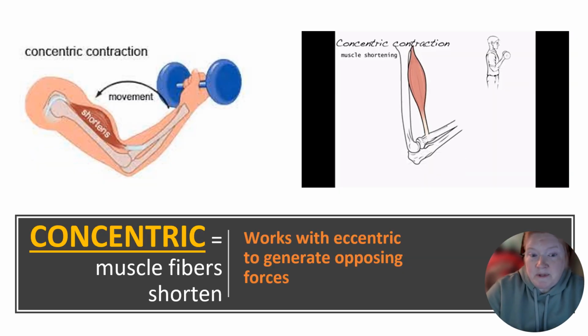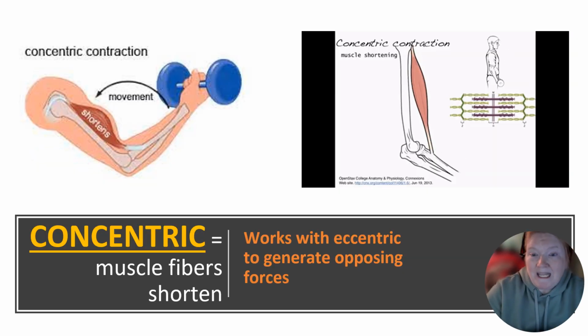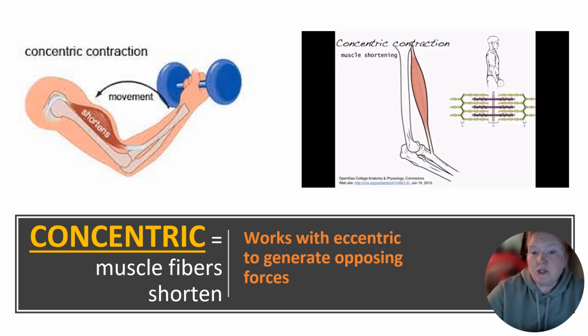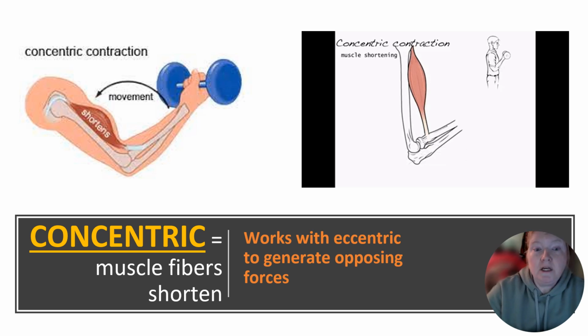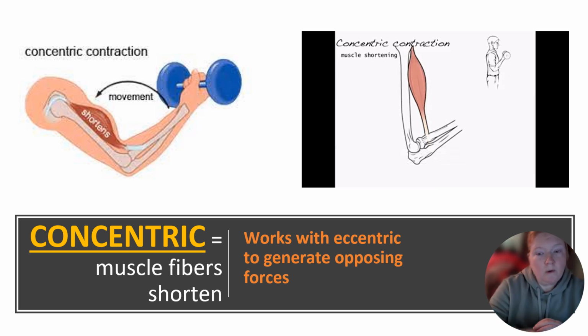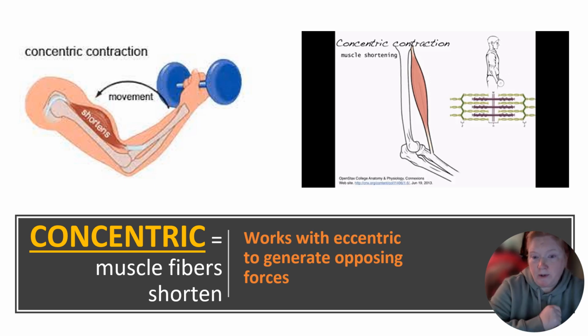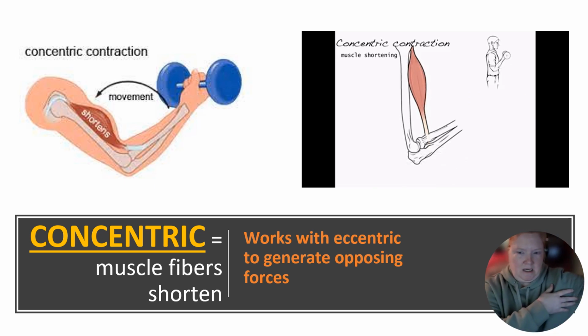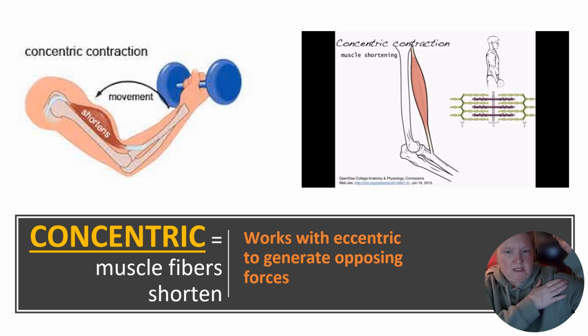Now, there are different types of contractions. One is concentric. Concentric is when the muscle fibers shorten or contract. Concentric and eccentric work together to generate opposing forces. So if I'm talking about my bicep and it contracts, right?